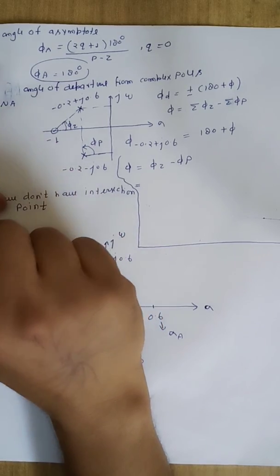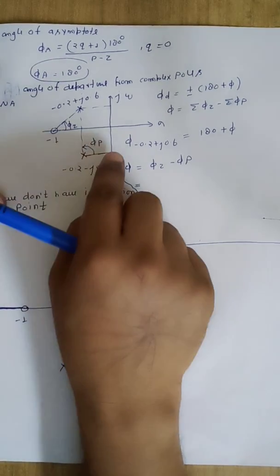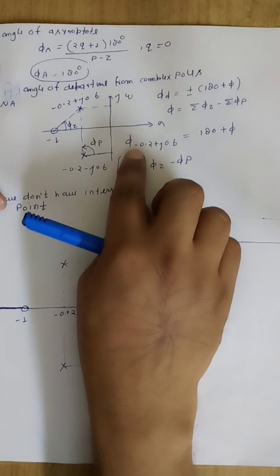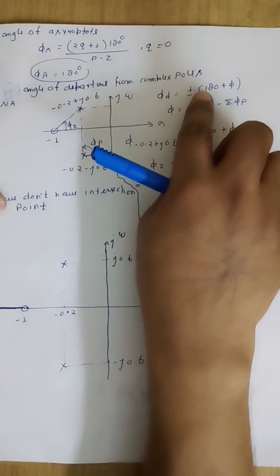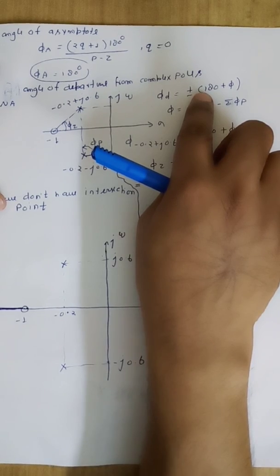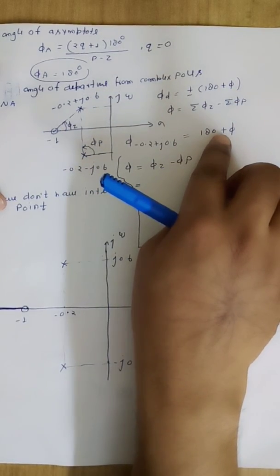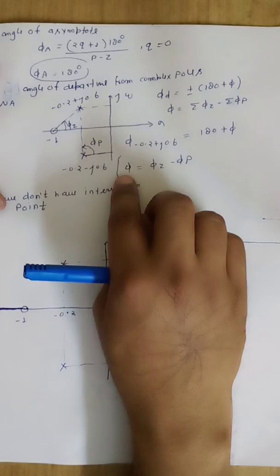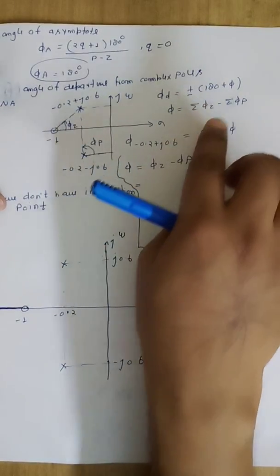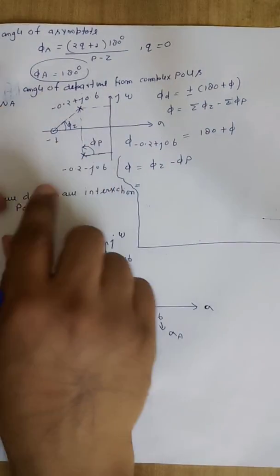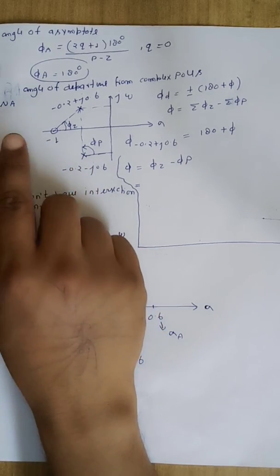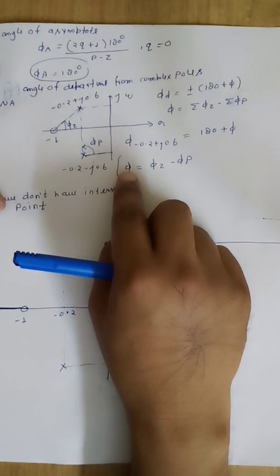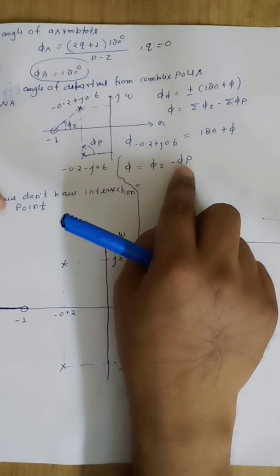And here first we will calculate angle of departure from complex pole minus 0.2 plus j 0.6 with the help of formula plus of 180 degree plus phi. Phi we can calculate with the help of summation phi z minus summation phi p. But here we have only one remaining pole and one zero. That's why we can write phi equal to phi z minus phi p.